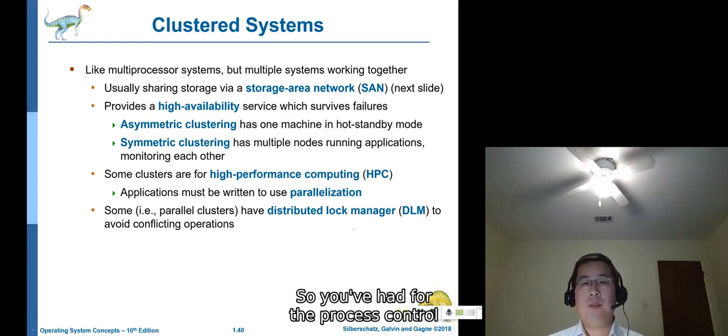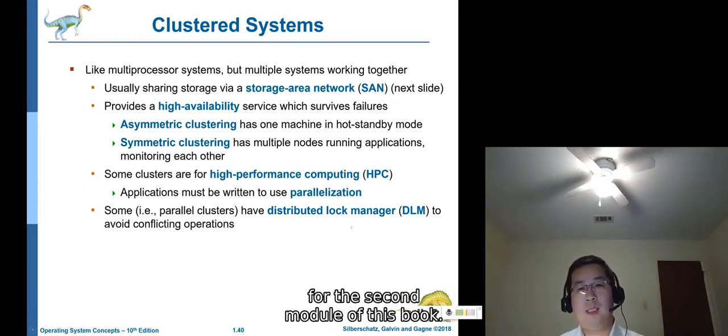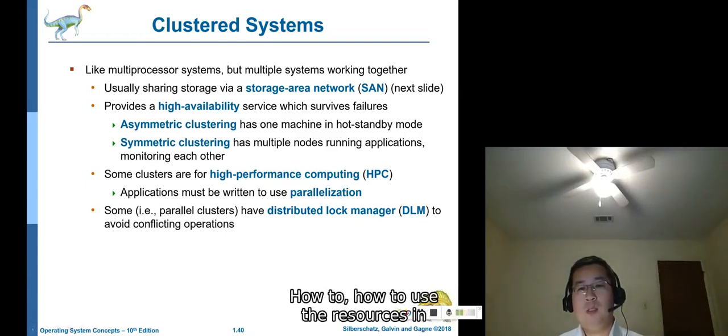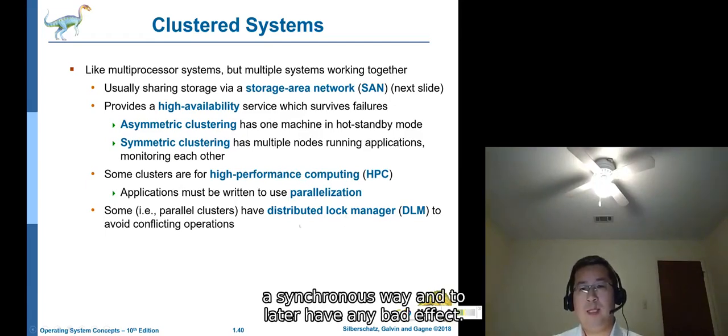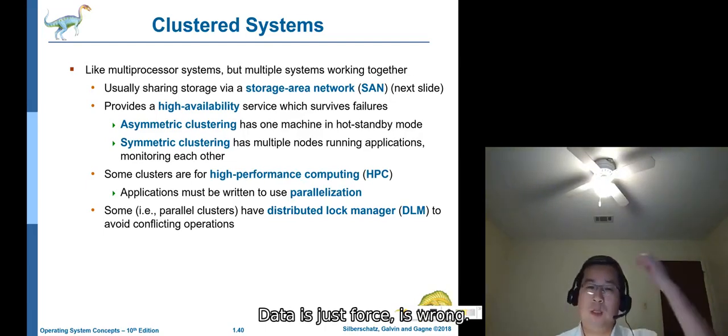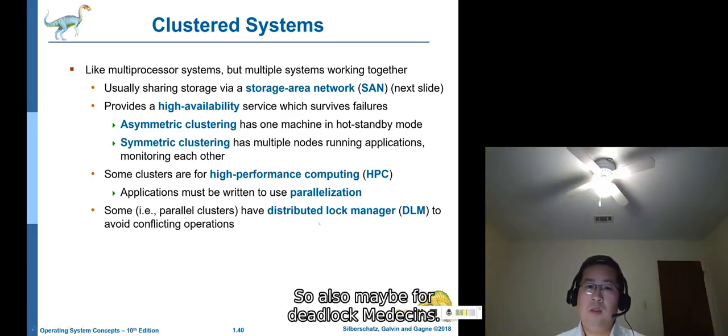In fact, for process control in the second module of this book, this course, we talk a lot about how to use the resources in a synchronized way without any bad effect. For example, the data becomes bad because it is wrong, and also maybe deadlock, things like these.